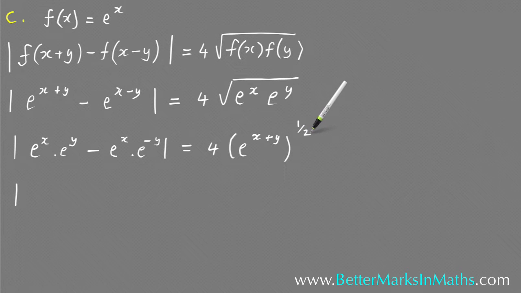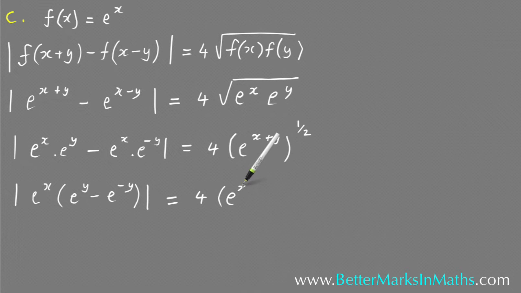And then here, about the only thing you can really do is take out a common factor of e to the x. So e to the x bracket e to the y minus e to the minus y. That's not really helping the situation. I don't think I'm going to end up with this at all. In fact, I'm fairly certain.